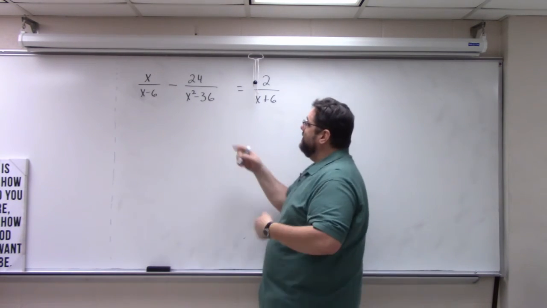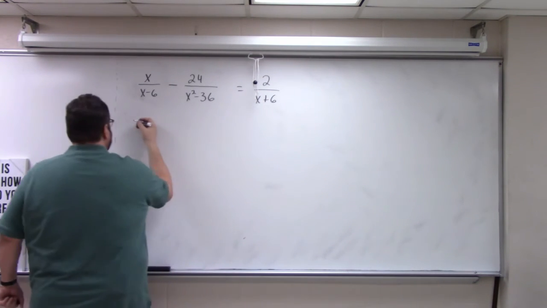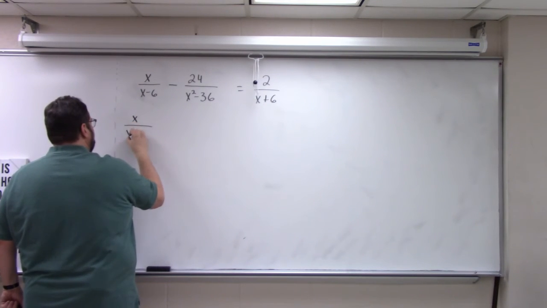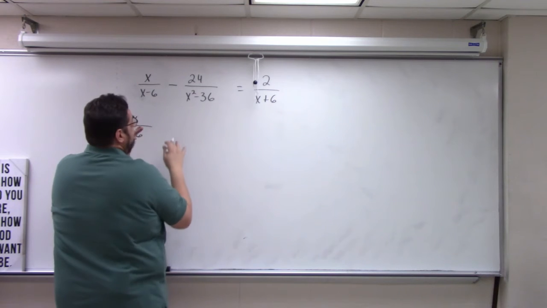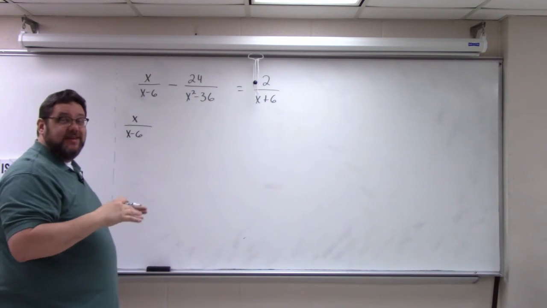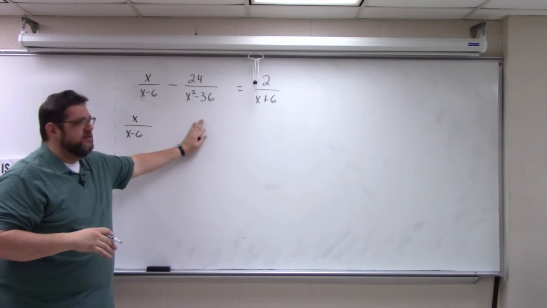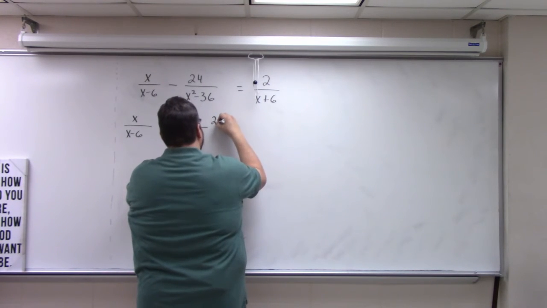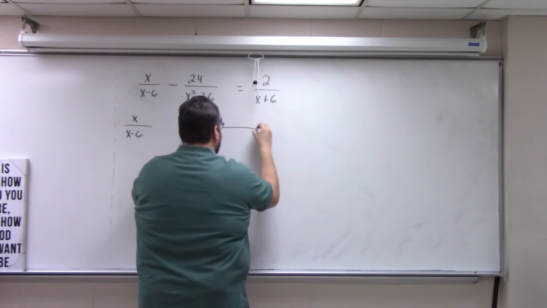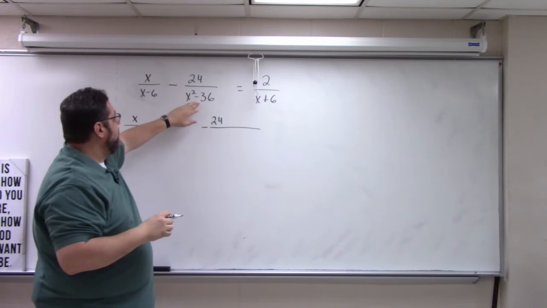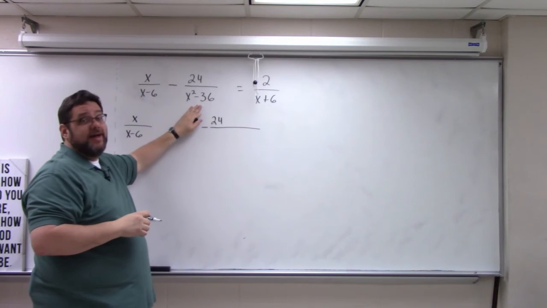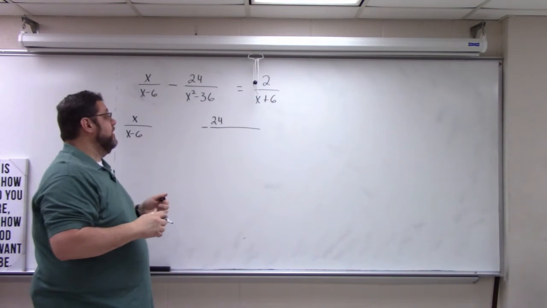All right. So I need to do something with x squared minus 36. Now, again, I know that I'm about to be multiplying all of this stuff by something, and I'm trying to save a little board space, so I'm going to leave a little space here. I'm going to say minus 24 over. Okay, and now I want to factor x squared minus 36. This is really nice. This is a difference of squares.